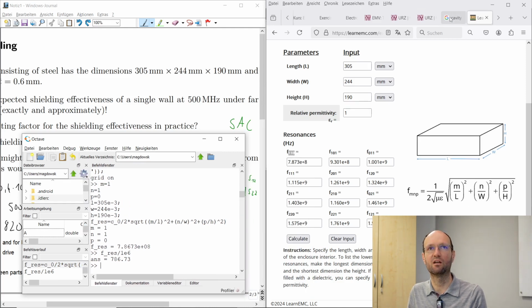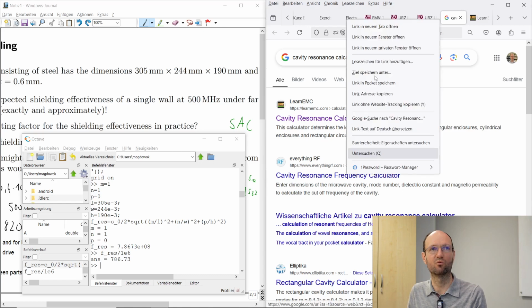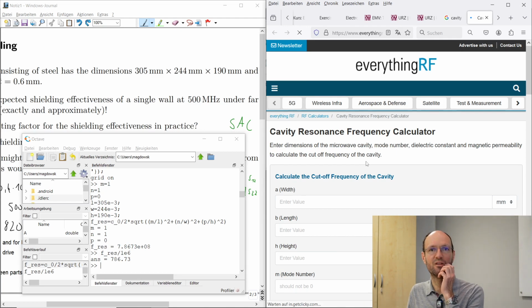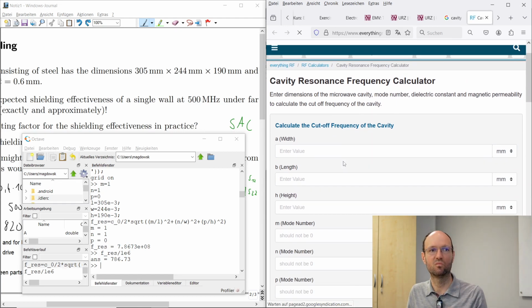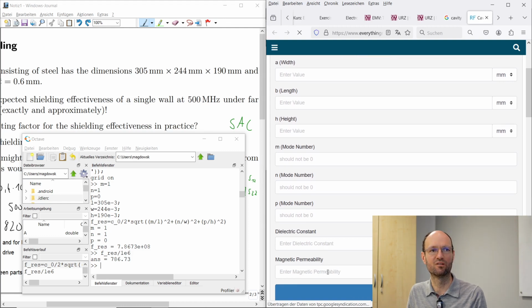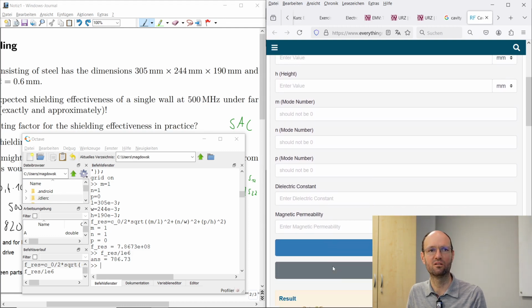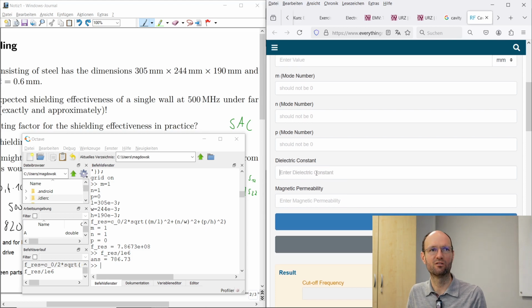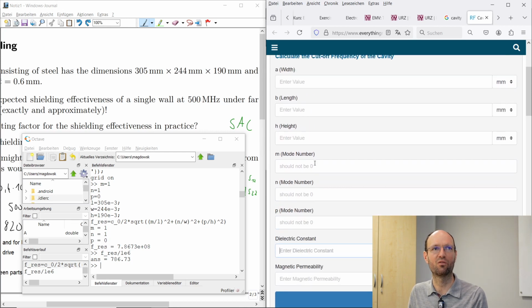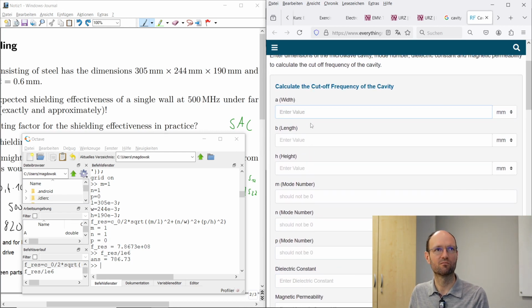So it's the same underlying formula, and I would expect if we would check the corresponding thing here, yeah, you can insert the mode numbers, some dielectric constant and magnetic permeability, and calculate. Question is if this is really the full epsilon and the full mu, or if this is the relative thing. So probably you need to insert the full values.